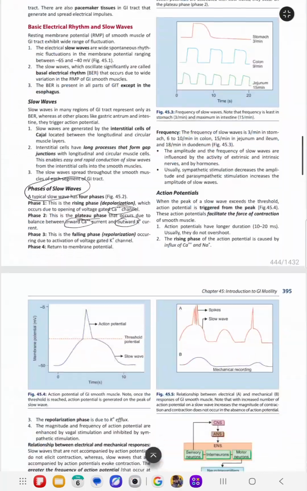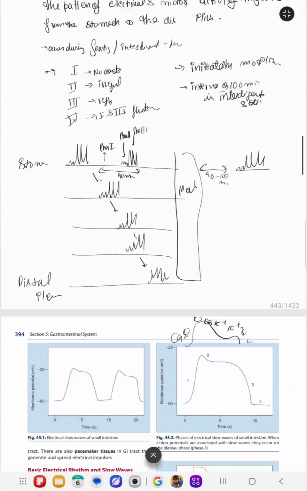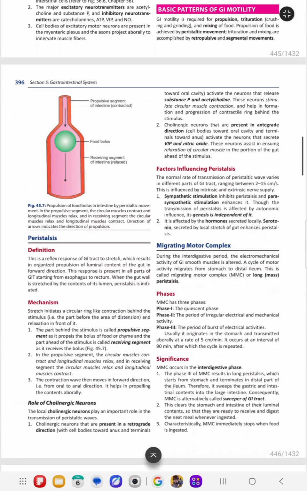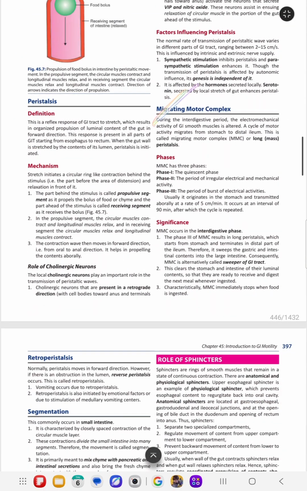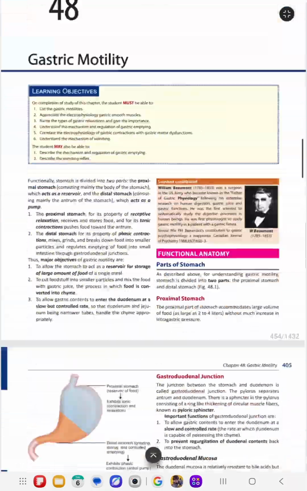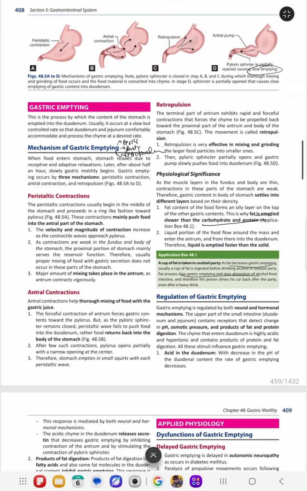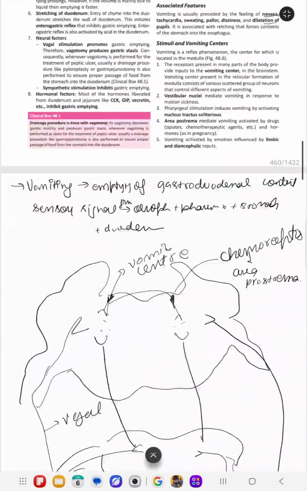Then motility is important. This is also important. It's not that important this time around.